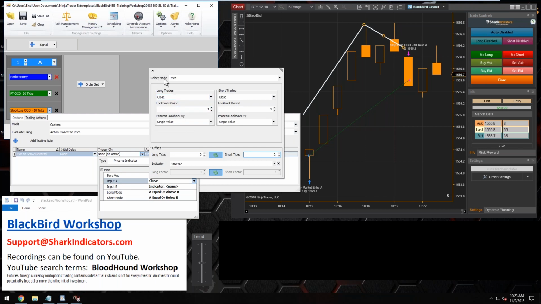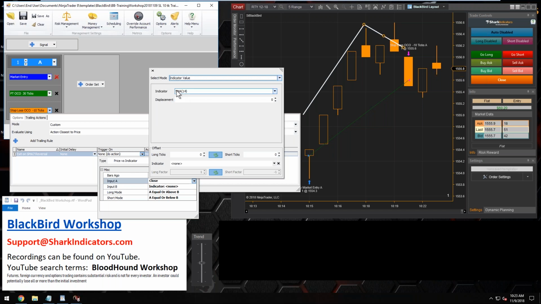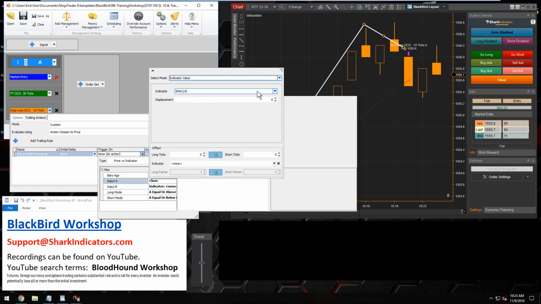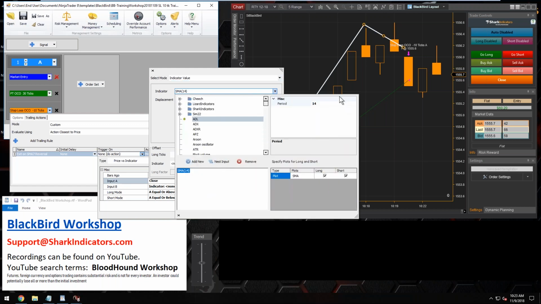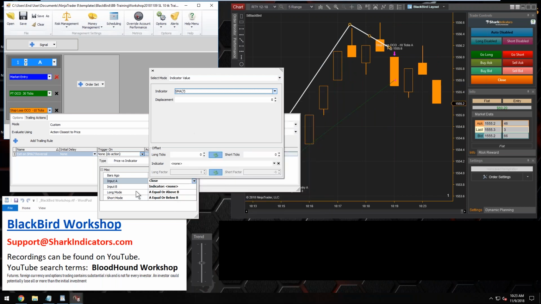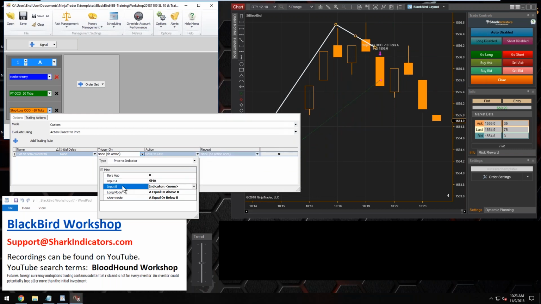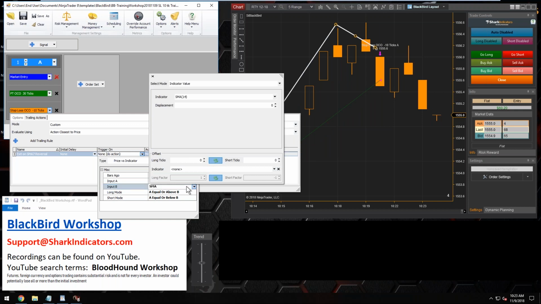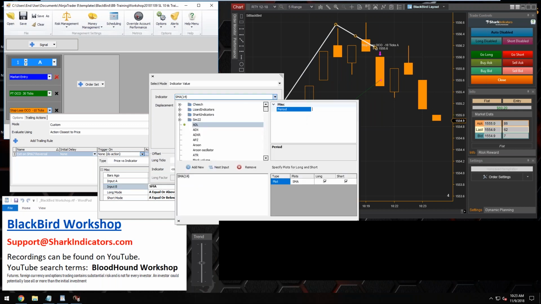So to do that, we're going to go to the select mode, and we want an indicator value, right? Because we want to use the SMA indicator. So let's just open this up, and instead of a 14 period, let's adjust that to 7. There. All right, so that's input A, and then input B is also going to be the SMA 7 period.